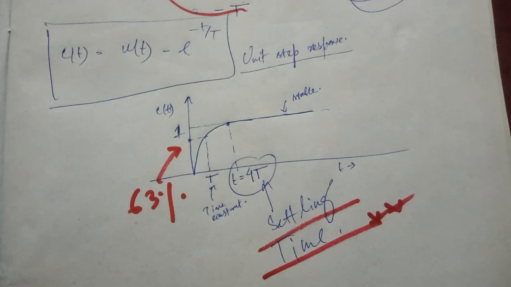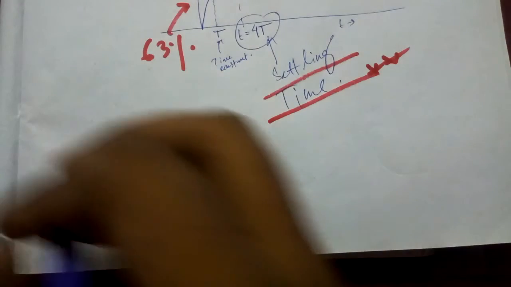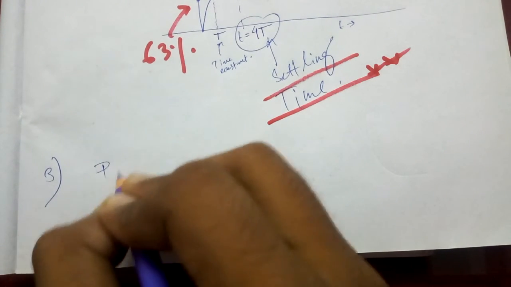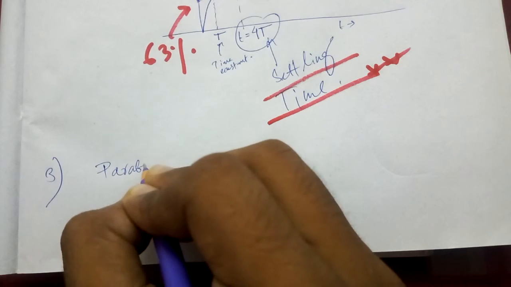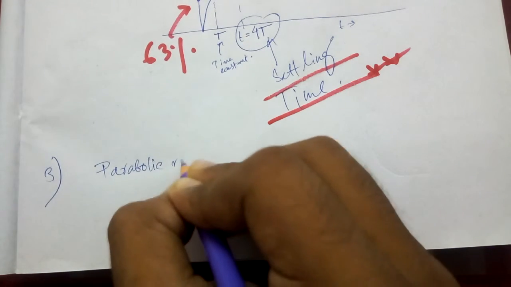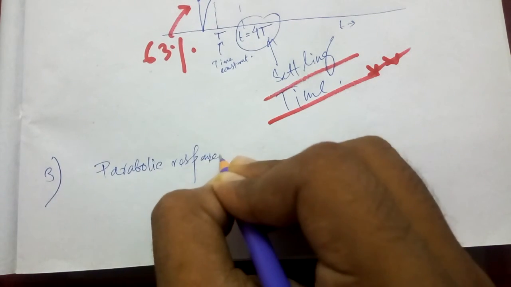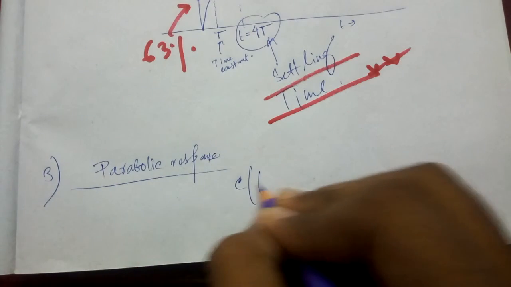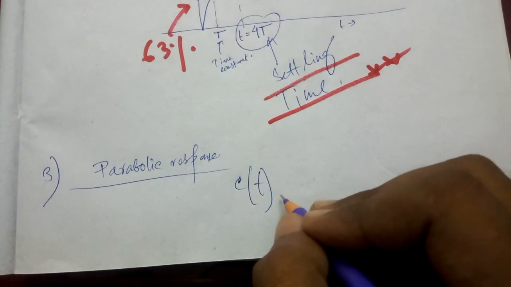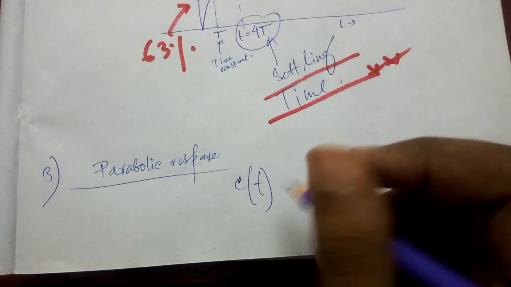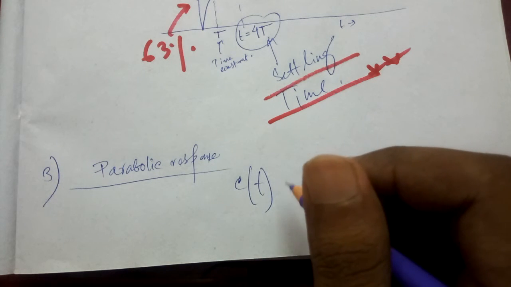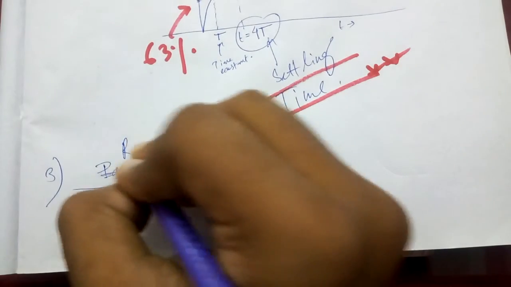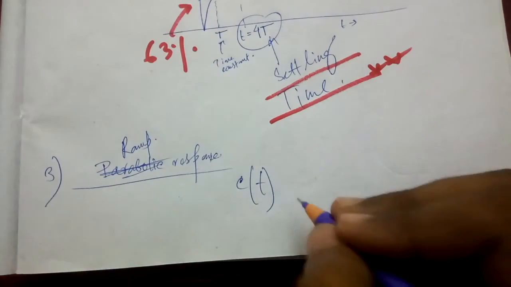Similarly, you can find the parabolic response, and you can take it as homework. First the ramp response, then the parabolic response.